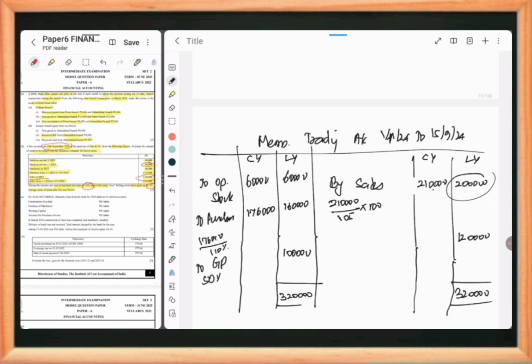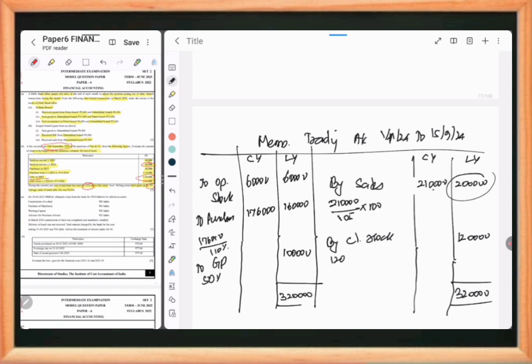Now the current year is increased by 10%, so the closing stock should be the cost price plus 10%.